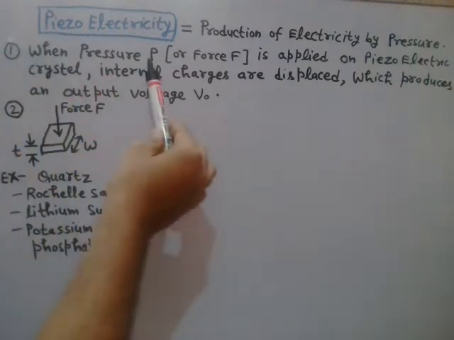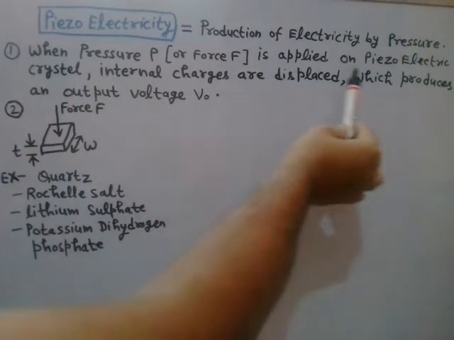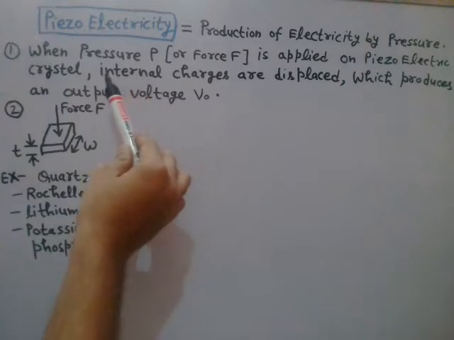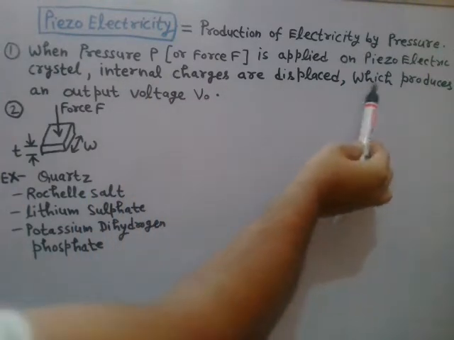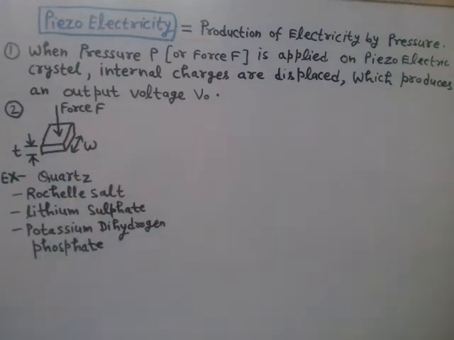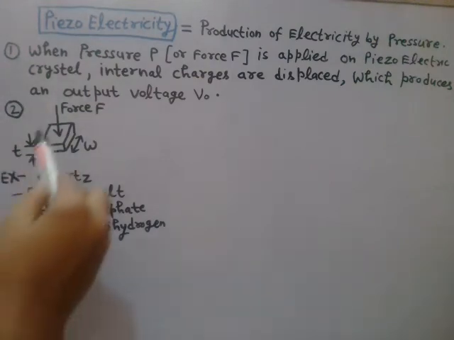So, what are the examples of piezoelectric crystals? Examples of piezoelectric crystals are quartz, Rochelle salts, lithium sulfate, potassium dihydrogen phosphate. These are some of the examples of the piezoelectric crystal, right?